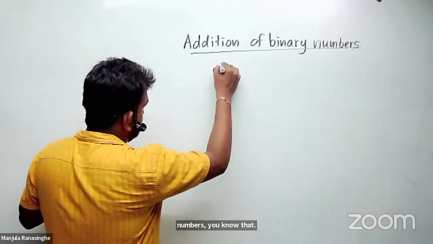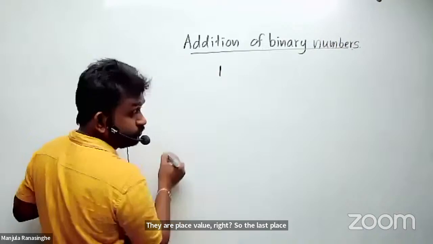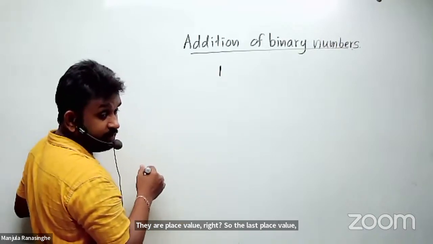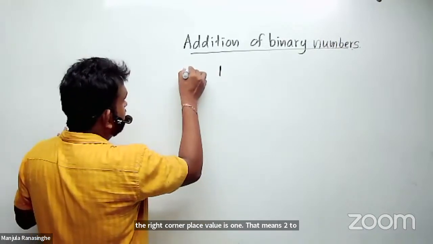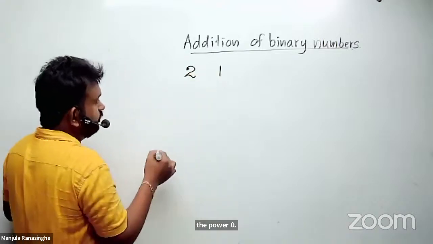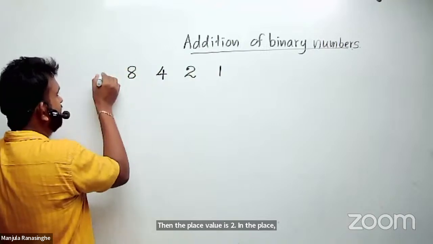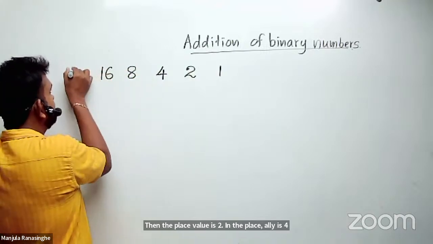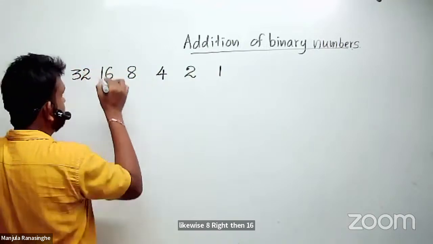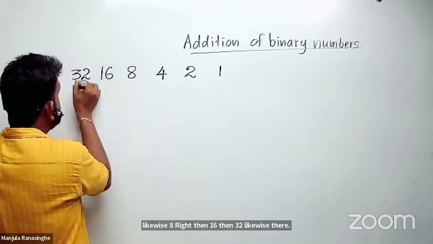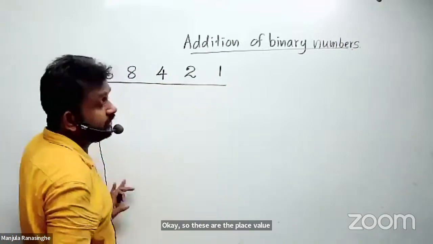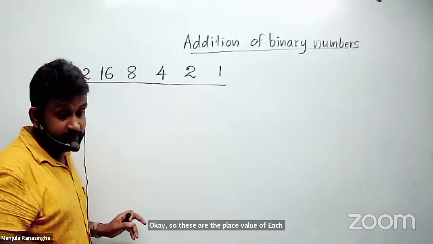The last place value, the right corner place value, is 1, that means 2 to the power 0. Then the place value is 2, then 4, likewise 8, then 16, then 32. These are the place values of each digit in binary.